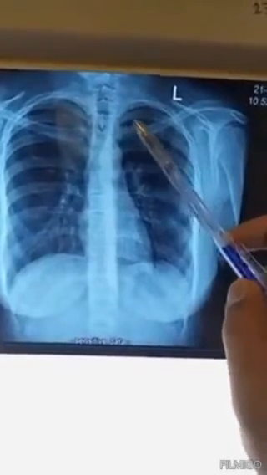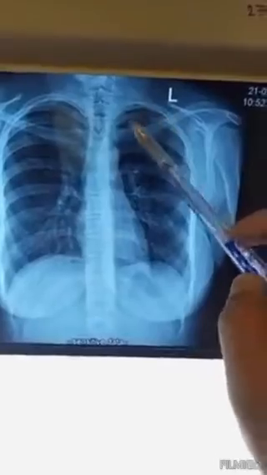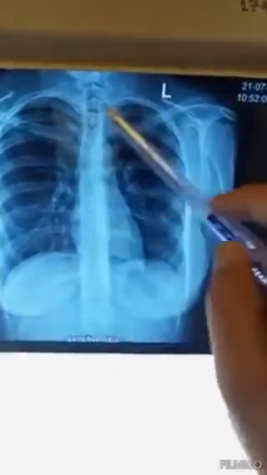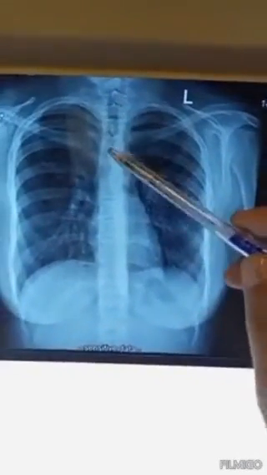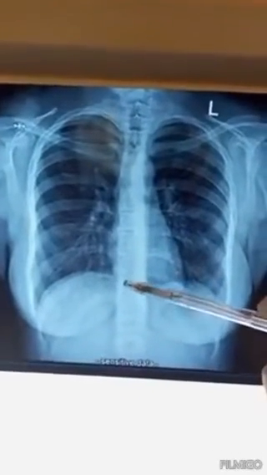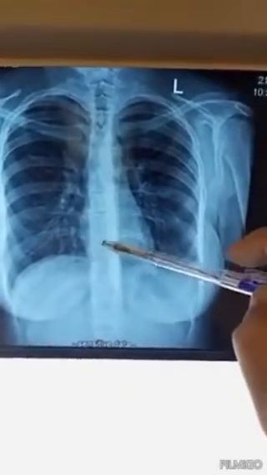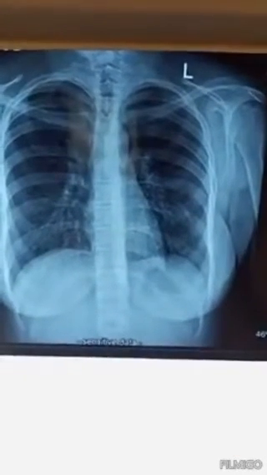It is a PA view because the apex of the lungs goes above the clavicle. And E means exposure; there is a moderate amount of exposure. We can see the vertebral body but not as clearly as it can be seen on a high amount of exposure, right?